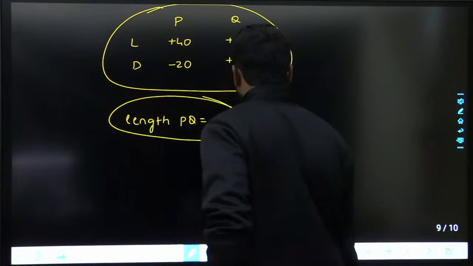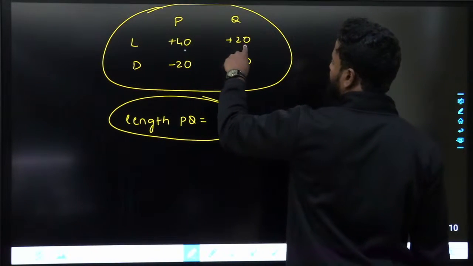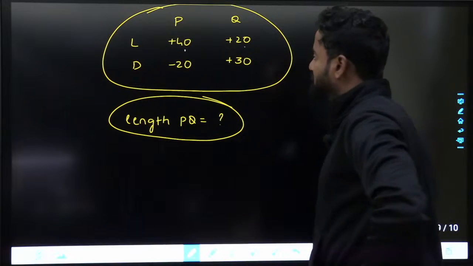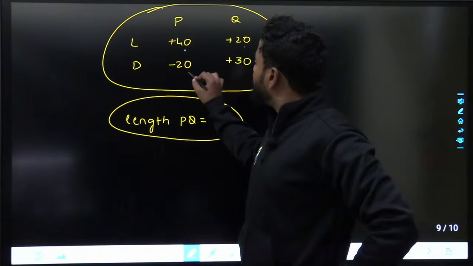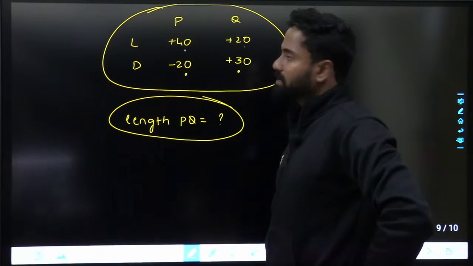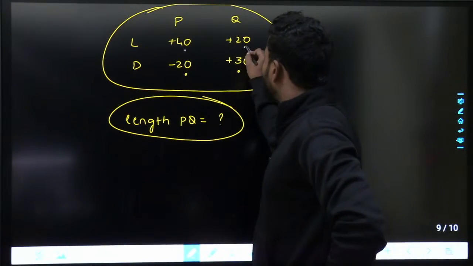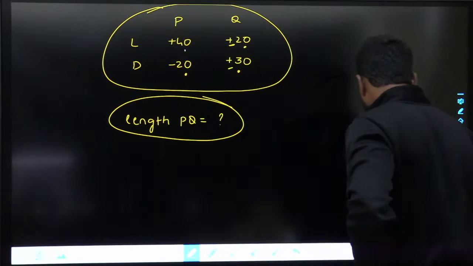So the latitude of P is plus 40 meters, latitude of Q is plus 20. Whereas departure of P is minus 20, departure of Q is plus 30. For Q, latitude is positive, departure is positive: plus 20, plus 30.